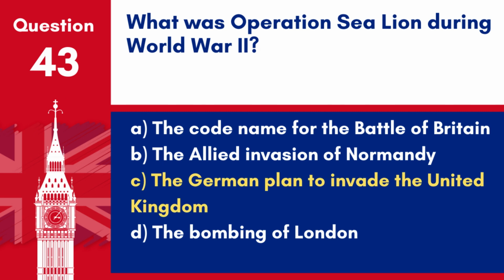Answer C. The German plan to invade the United Kingdom. Operation Sea Lion was the German plan to invade the United Kingdom during World War II.